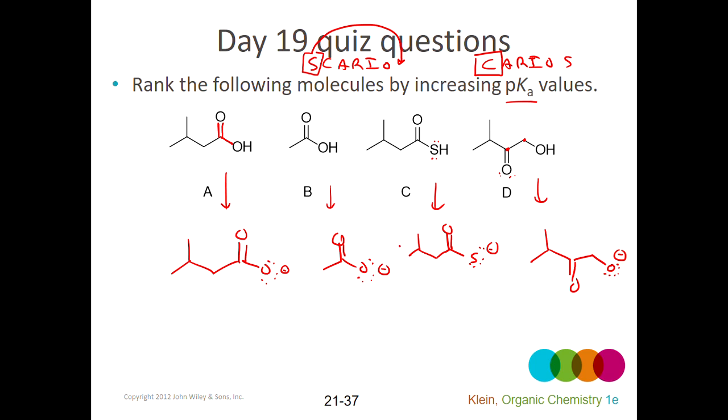So since they all produce the same quantity of charge, I can't use that factor to distinguish which will be more likely to give up a proton, right?